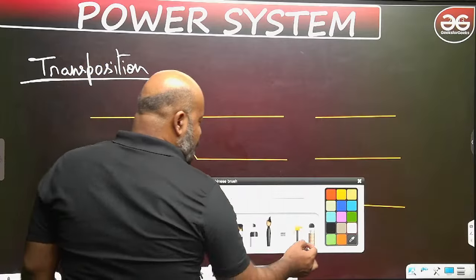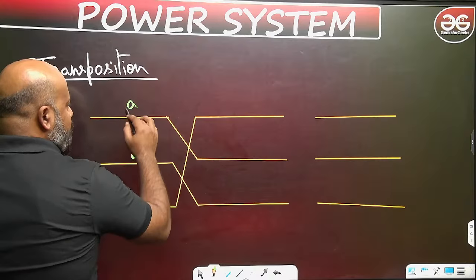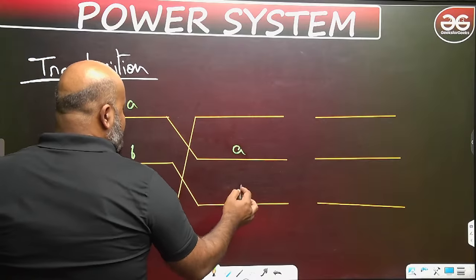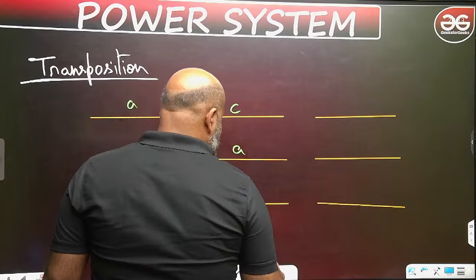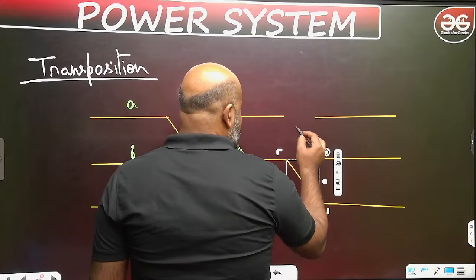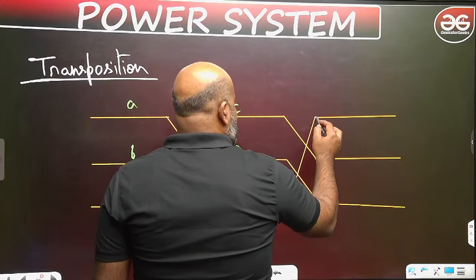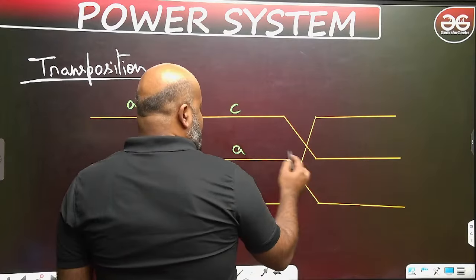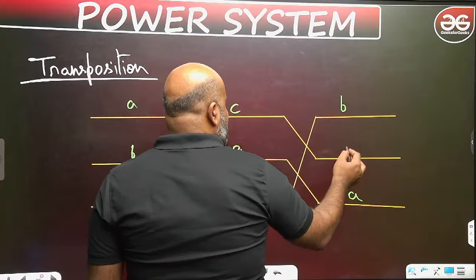If this is A, this is B, and this is C. Now A will come to this position, B will go to this position, and C will come to this position.